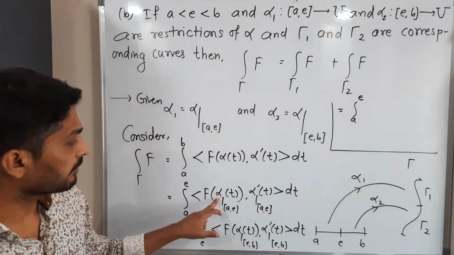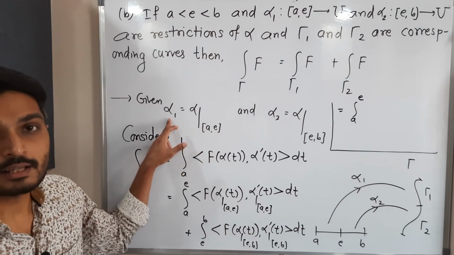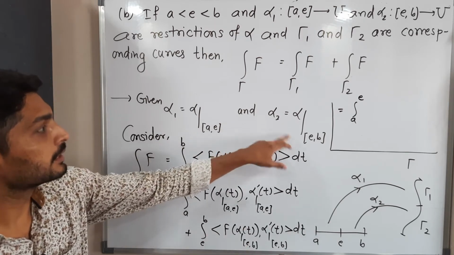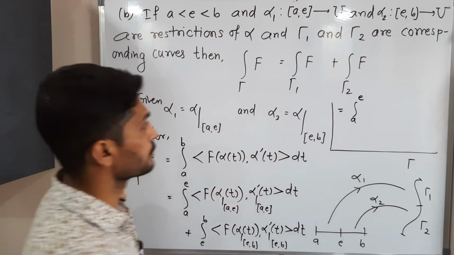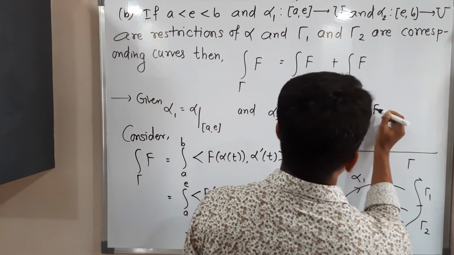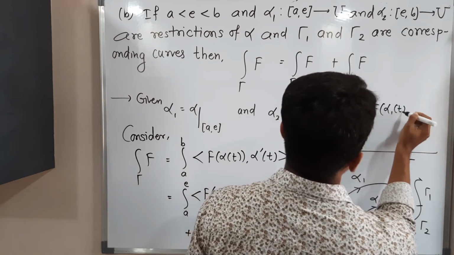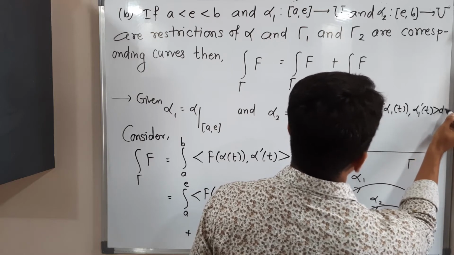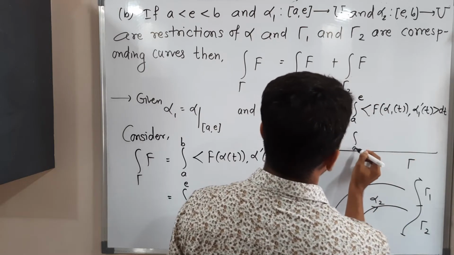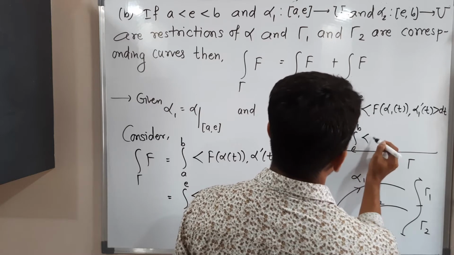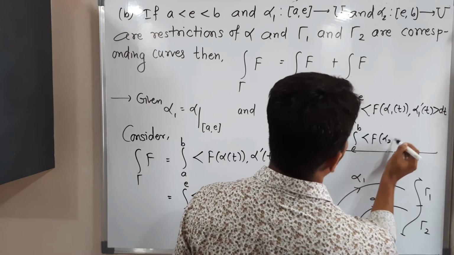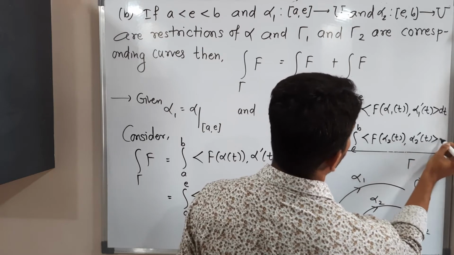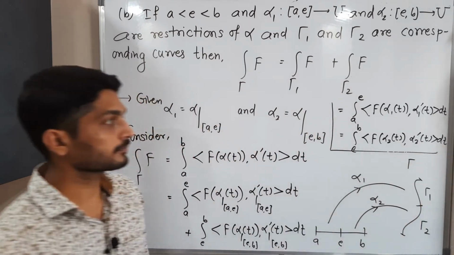Okay, so when alpha is restricted on AE, we call it alpha 1, and when alpha is restricted on EB, we call it alpha 2. So let us put their values. Integration A to E of the inner product f of alpha 1 of t, alpha 1 dash of t dt, plus integration E to B of the inner product f of alpha 2 of t, alpha 2 dash of t dt.